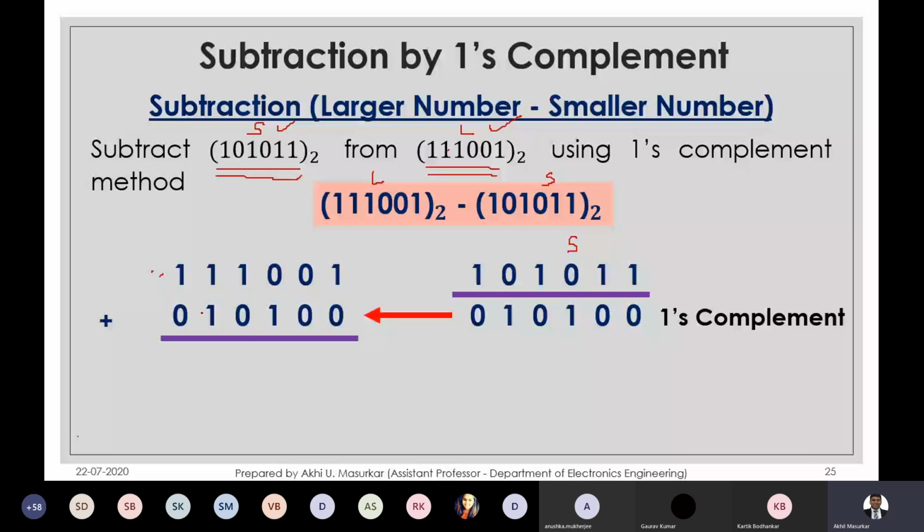Come on. All of you should add this. Add these two numbers.